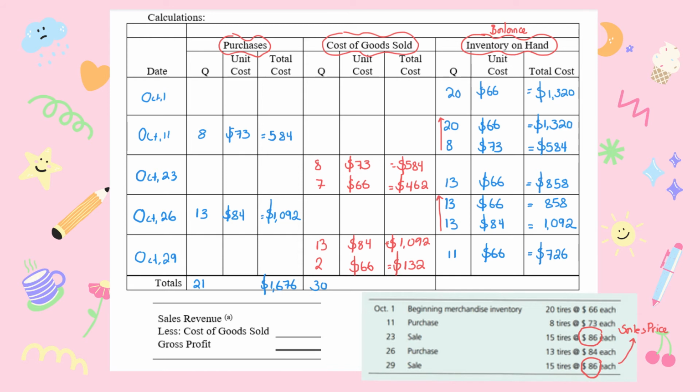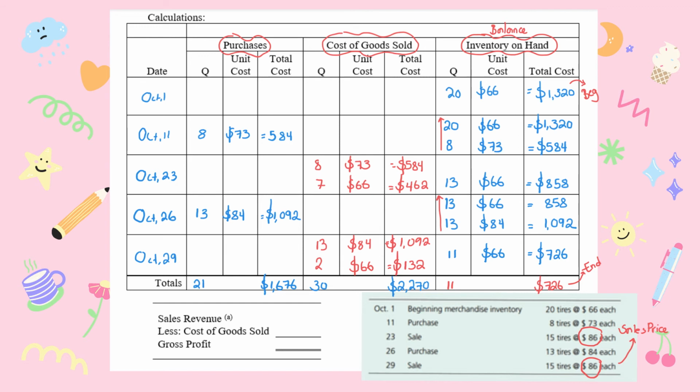It's gonna be 2270. For the ending balance, you just take the last cell, 11. The total cost is 726. This is your beginning and this is your ending balance.